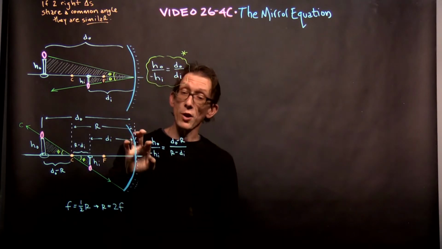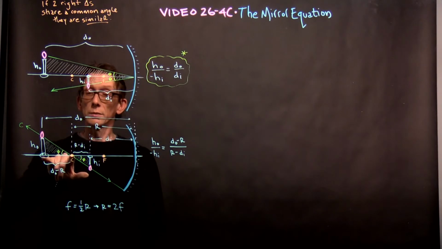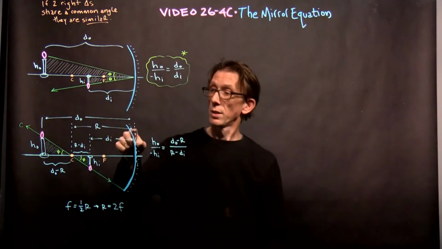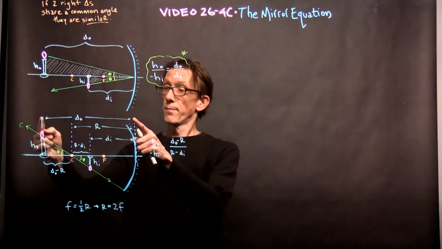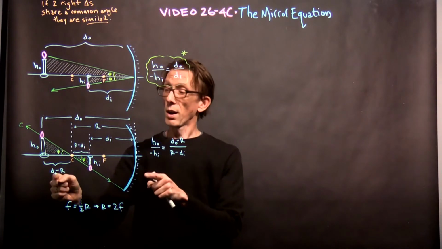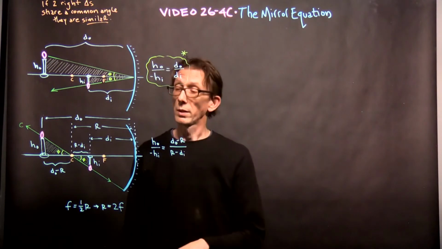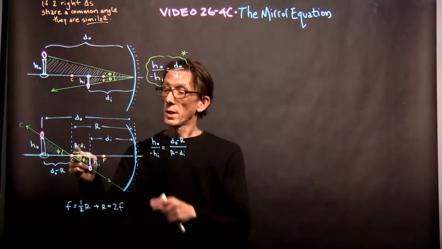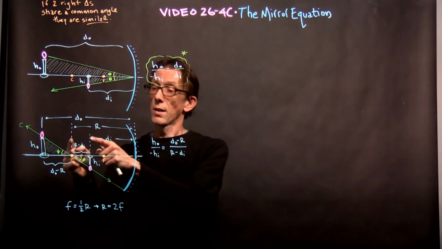So this ratio HO over negative HI is the same as this side of the big triangle, which is D naught minus R. Looking at the object distance and radius of curvature, this distance is this distance minus that one. So D naught minus R is the side of that triangle. The similar side of the smaller triangle is this distance here, R minus DI.